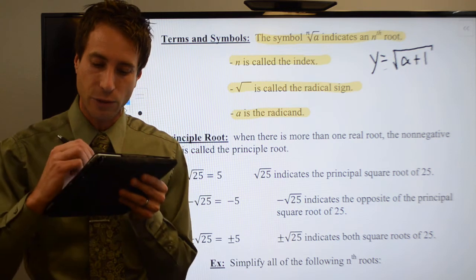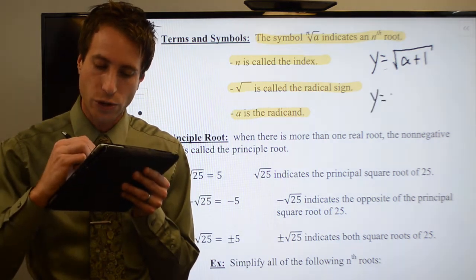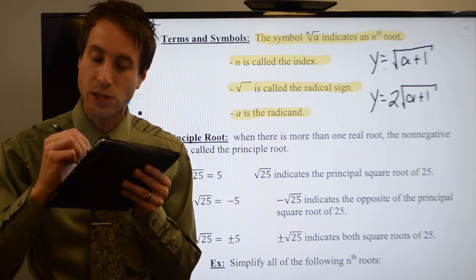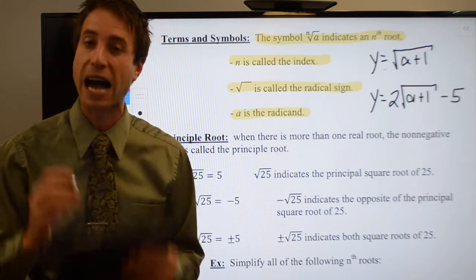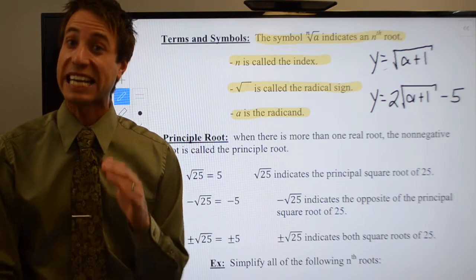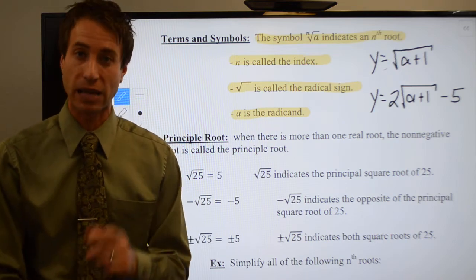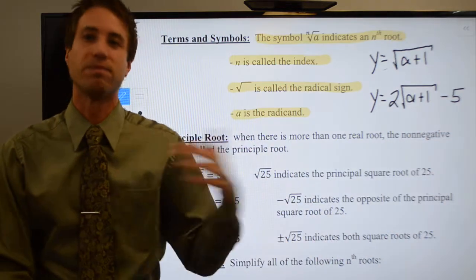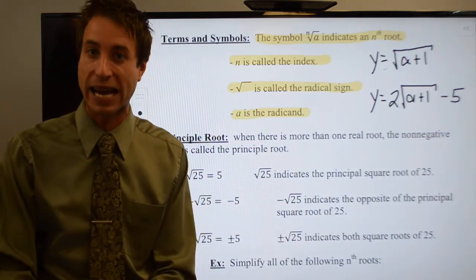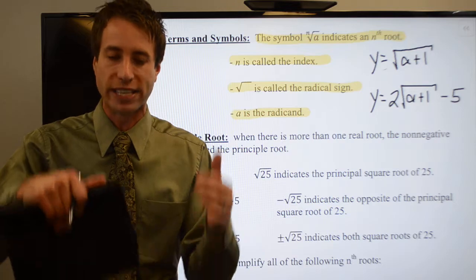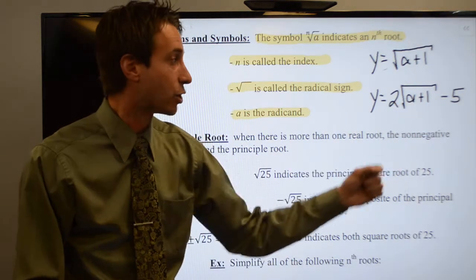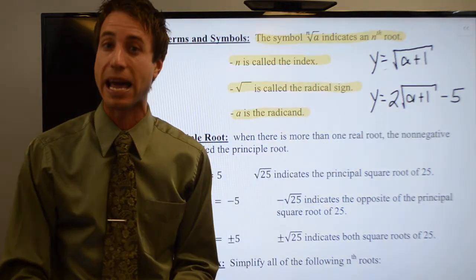So if I were to give you this, y equals 2 times the square root of a plus 1, minus 5, well, my radicand is still an a plus 1. All this extra stuff doesn't change what my radicand is. The radicand is always just what's under the radical symbol, okay? So it's still just a radicand of a plus 1.